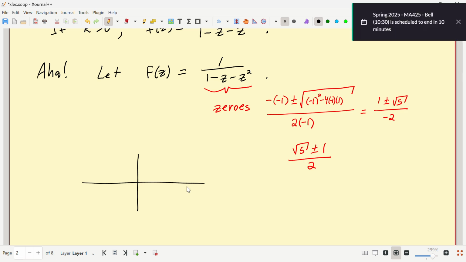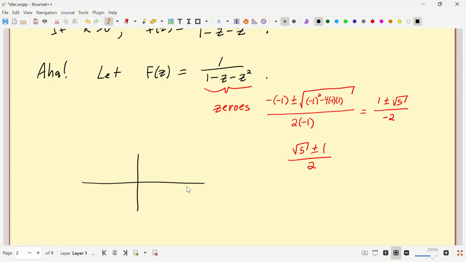Why is there a plus on the 1? I wrote the quadratic backwards, so it's minus z squared minus z plus 1. So a is minus 1, b is minus 1, and c is plus 1. So I think I have it right.